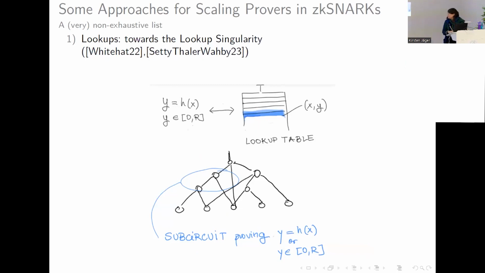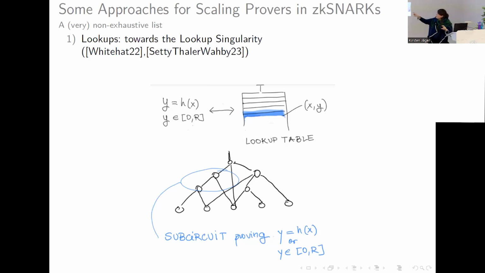So the idea is that inside the computation you want to prove, there is some specific subcomputation. For instance, you want to prove that something is the evaluation of a hash function, or that a certain element is in a certain range. The idea is that instead of writing a circuit that has a subcircuit trying to prove this, which can have quite a lot of gates, right?